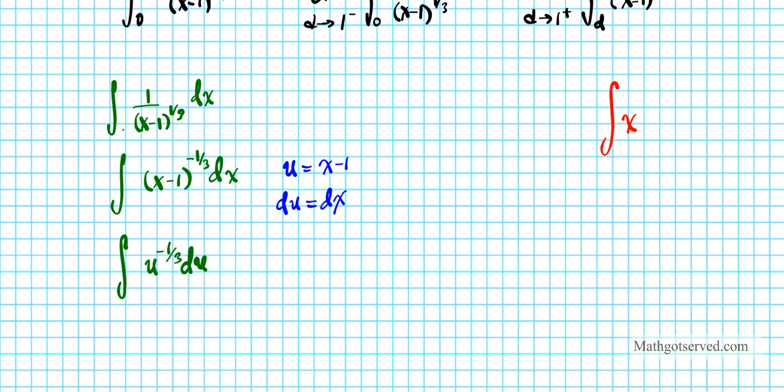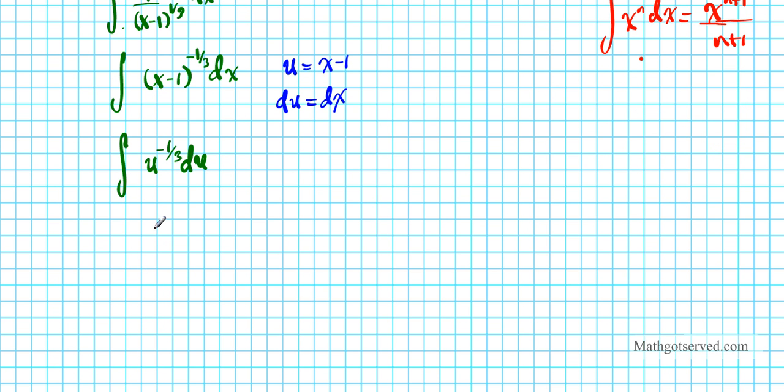So if you integrate x to the n dx, it is basically x to the n plus 1 over n plus 1. Okay, so that's what I'm going to apply here. If I apply that here, I am going to have u to the negative 1/3 minus 1, plus 1 over negative 1/3 plus 1, right?